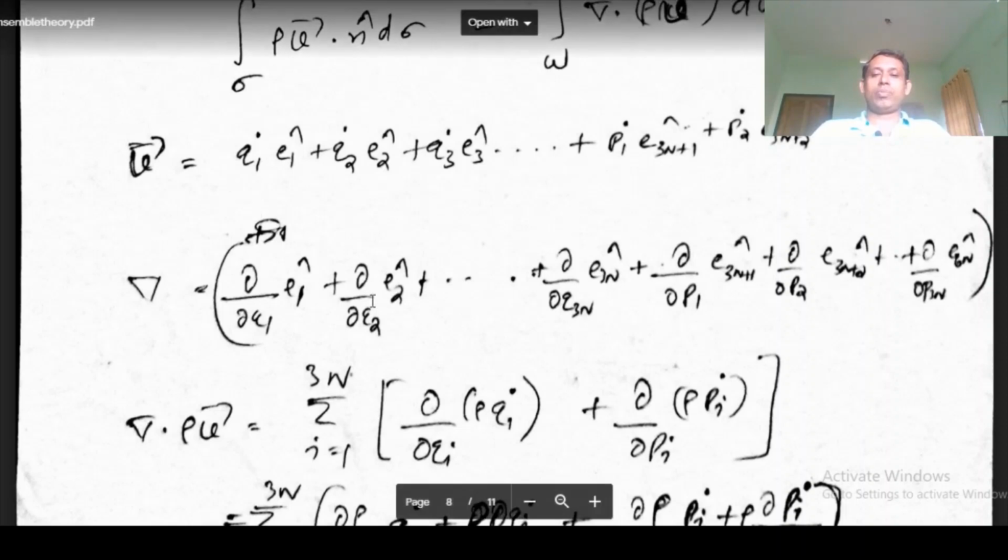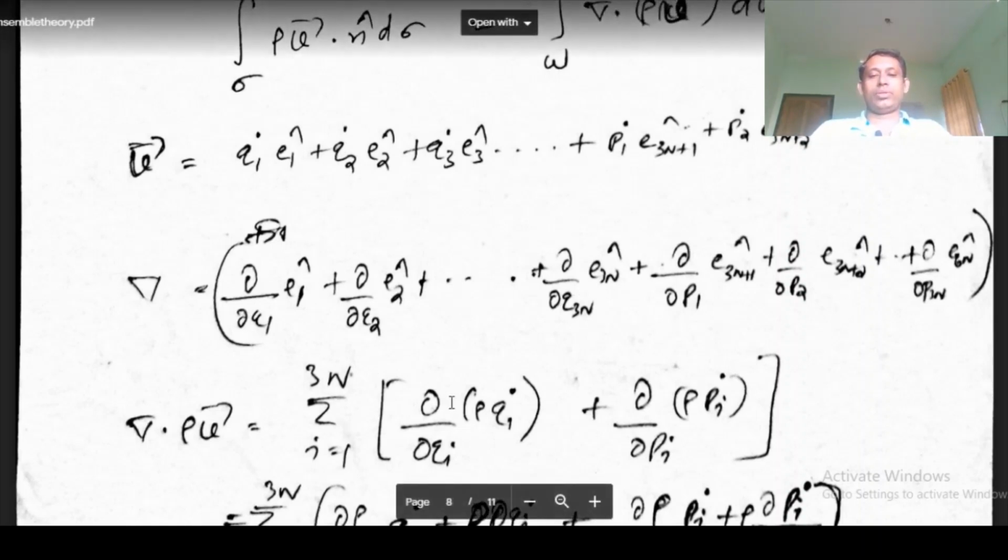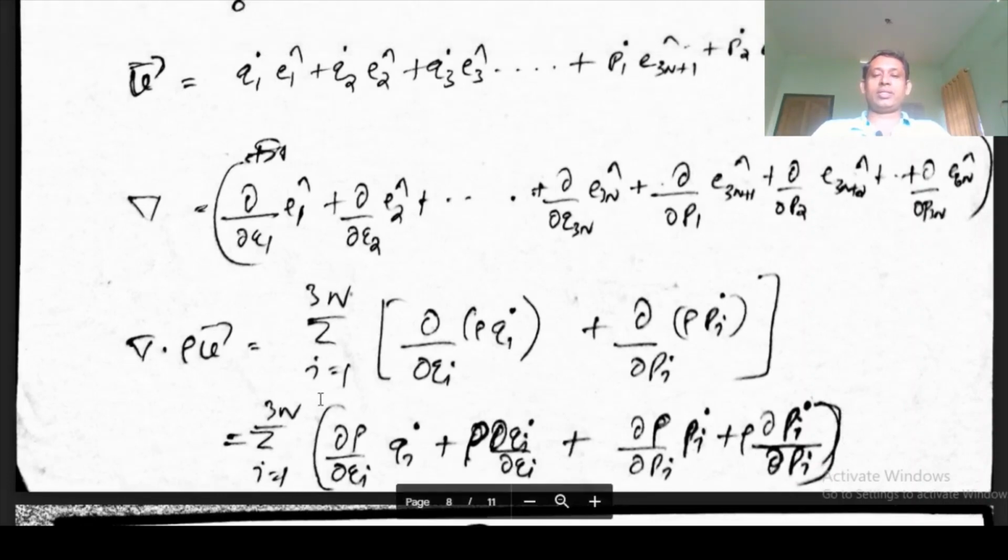So I will have ∂/∂q1 of ρq1 dot as the first term, ∂/∂q2 of ρq2 dot, like that. I will have 3n such terms for the position coordinates and 3n such terms for the momentum coordinates. So that is written here: sum from i equal to 1 to 3n of ∂/∂qi of ρqi dot, then sum from i equal to 1 to 3n of ∂/∂pi of ρpi dot.